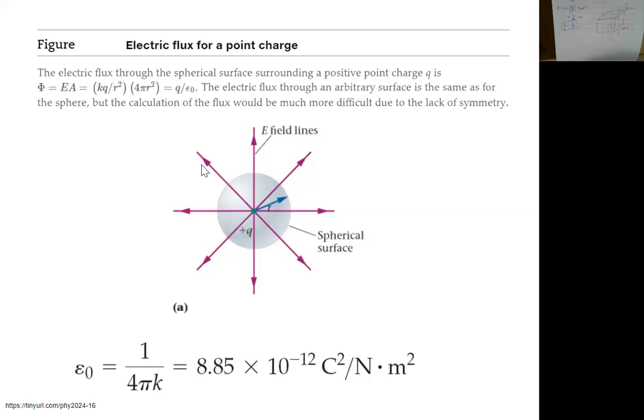Gauss's law says the flux through an enclosed surface, in this case a spherical surface, is equal to the charge that the surface encloses divided by epsilon naught. Epsilon naught is the constant 8.85 times 10 to the negative 12, the permittivity of free space. So that's Gauss's law.